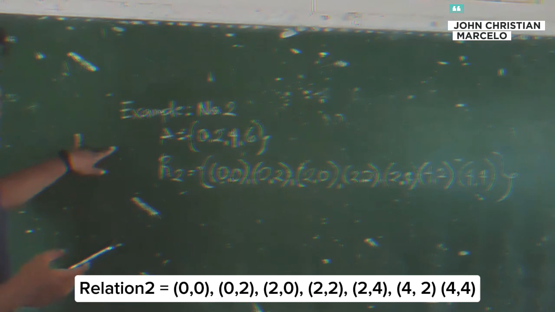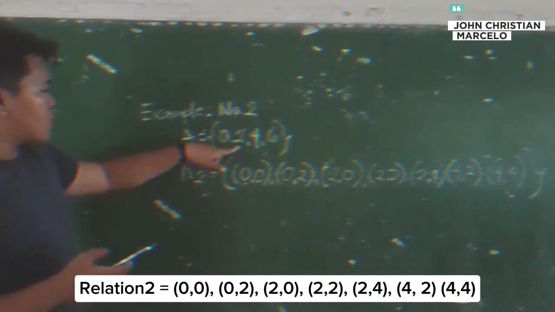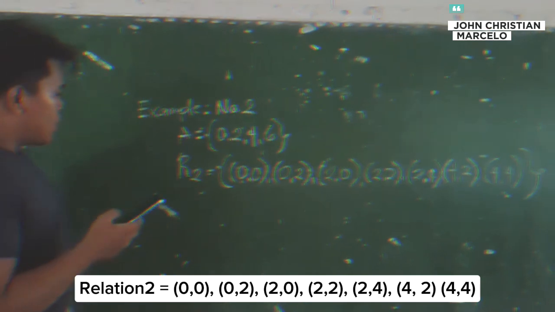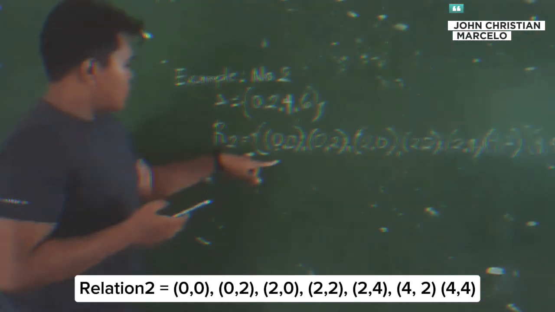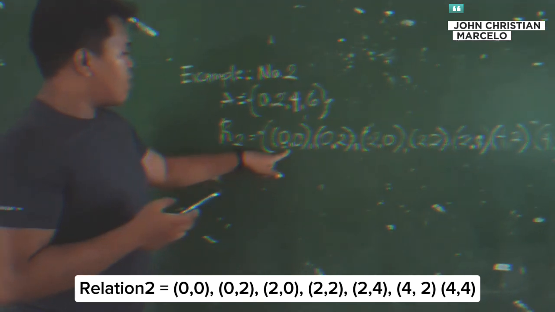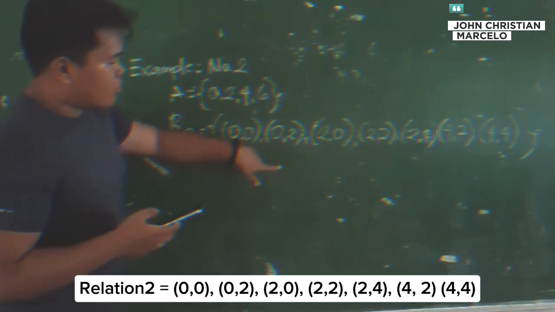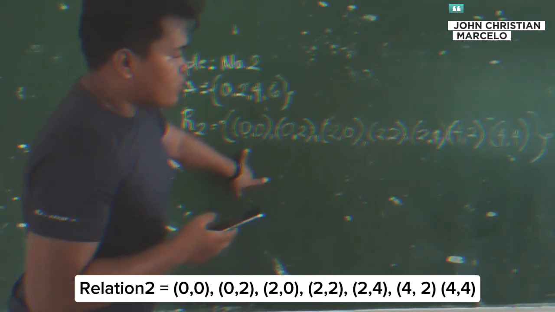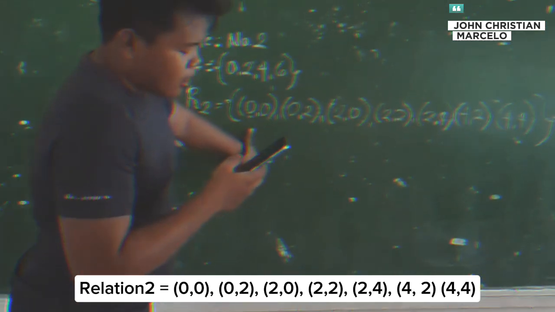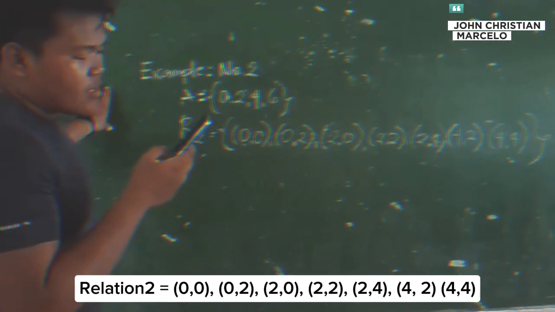Example number 2. We have the same set A equal to {0, 2, 4, 6}, and relation 2 has the ordered pairs (0,0), (0,2), (2,0), (2,2), (2,4), (4,2), (4,4). Is relation 2 an equivalence relation?